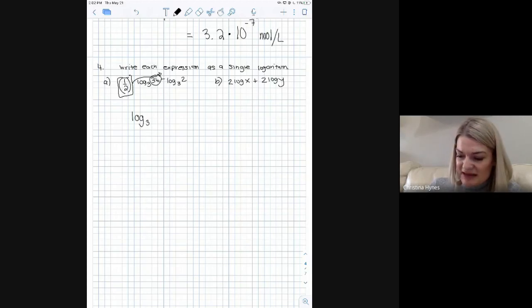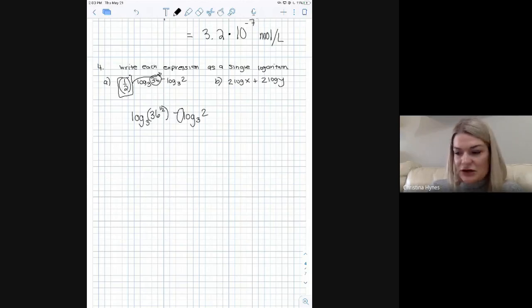So we have base 3, 36, those don't change, but now you're going to take 36 and that goes to the power of 1/2. So that 1/2 power only affects the 36, nothing else. And then this guy doesn't have a coefficient. You can leave the negative as it is, but there's no number in front, so you don't have to do anything there.